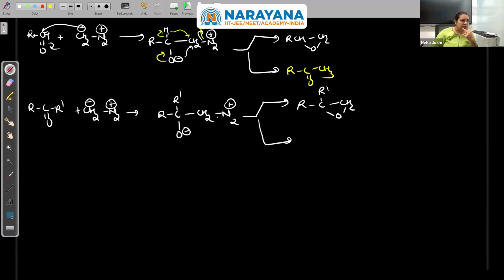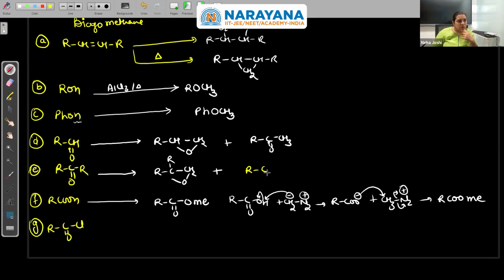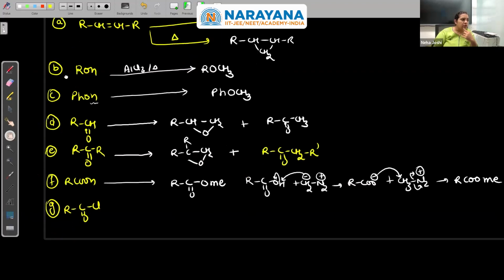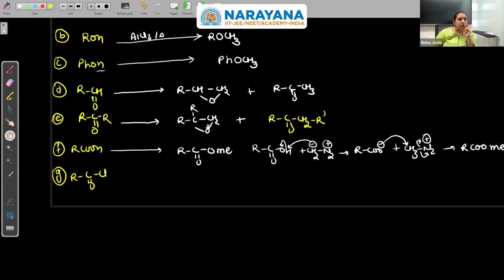The other possibility, when N2 goes, is that whichever group's migratory aptitude is better migrates. So you have a ketone with one carbon increased. That depends on migratory aptitude, who will move. Whosoever has a higher migratory aptitude will be the one shifting.